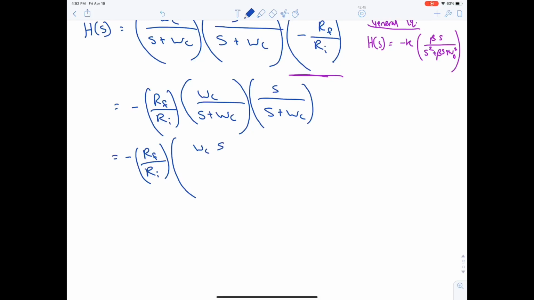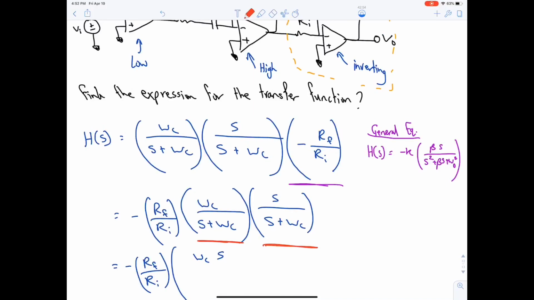Okay. Now here we have omega c in the low part and in the high part. However, those two omega c's are not the same. One of them is omega c1 and the other is omega c2. In order to differentiate between them, let's plot the magnitude to help us. Okay. Now the active bandpass looks like this.